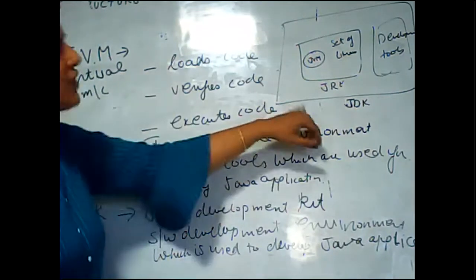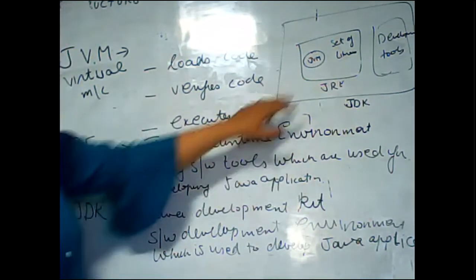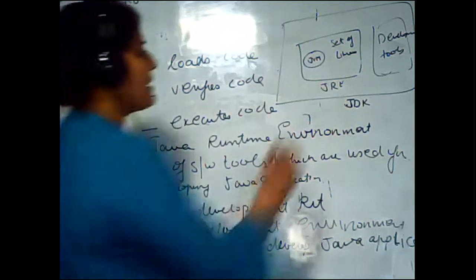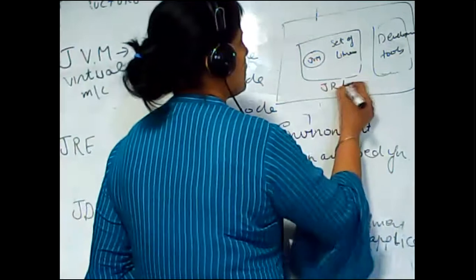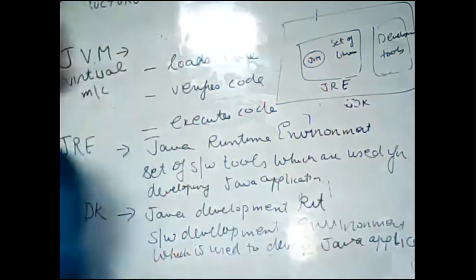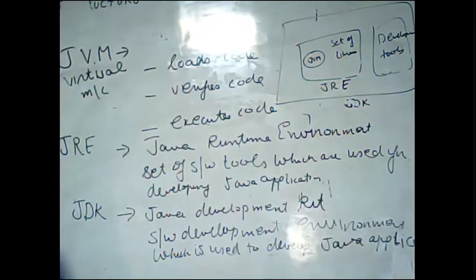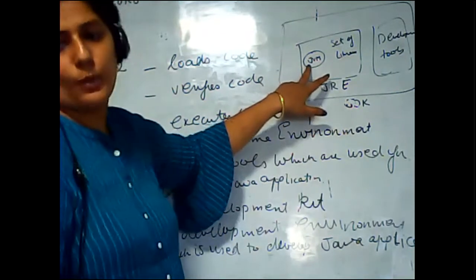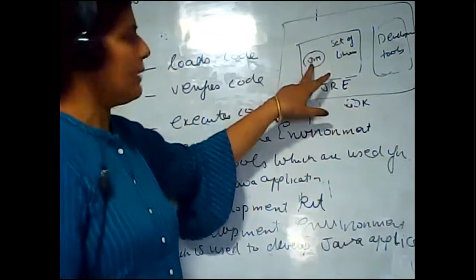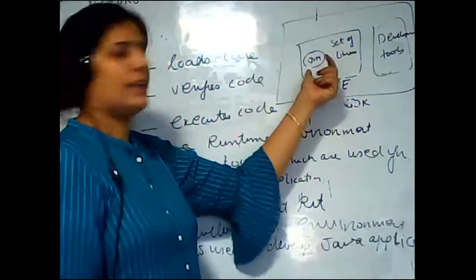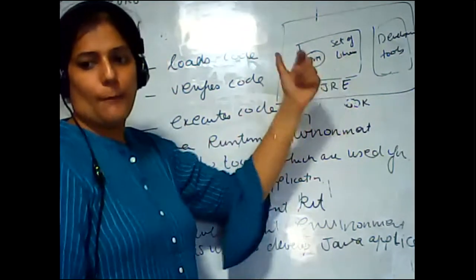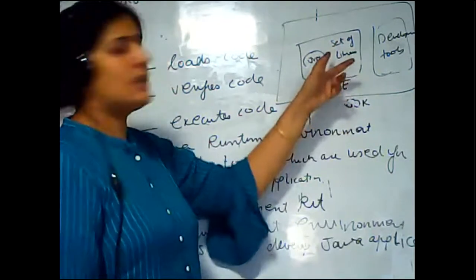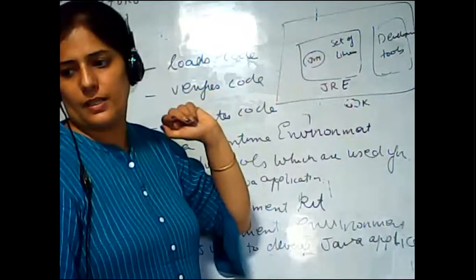Now this JDK will consist of the JRE and the JVM. Under this JDK, we have the JRE, that is the Java Runtime Environment. This JRE will contain your JVM portion, that is the Java Virtual Machine. Plus, it also provides you with a different set of libraries.